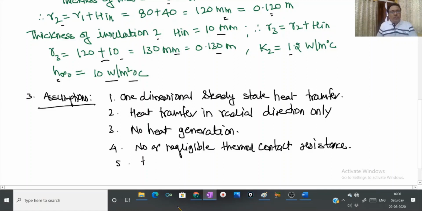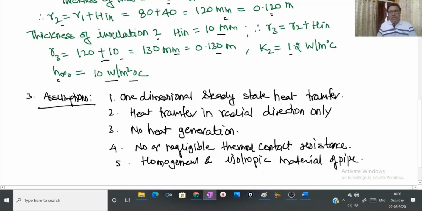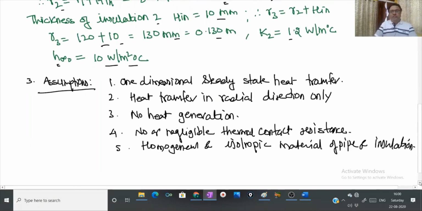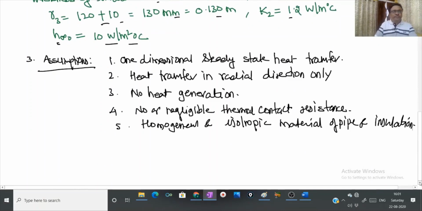Then homogeneous and isotropic material of pipe and insulation. So because of this assumption, K and H values are going to remain constant. Now let us enlist what is to be found out.